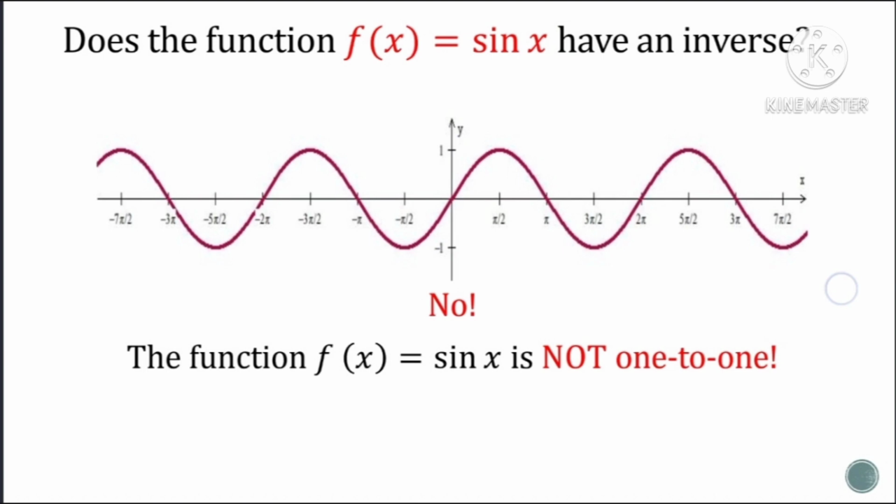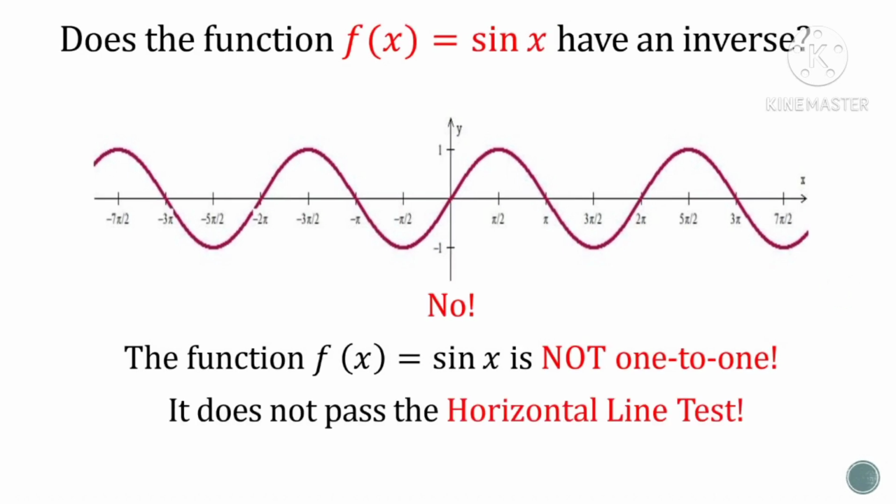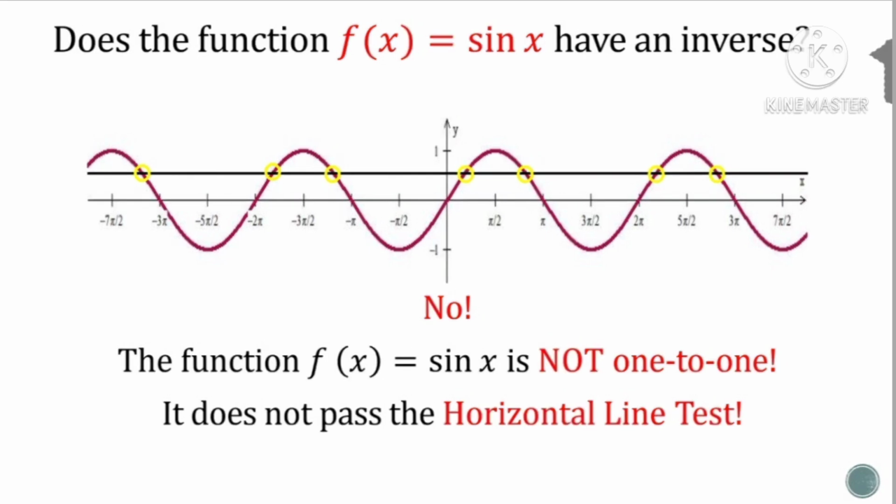Therefore, its inverse does not exist as it does not pass the horizontal line test. That means the horizontal line intersects this graph in many points. That is, for a particular value of y, there are many values possible for x.